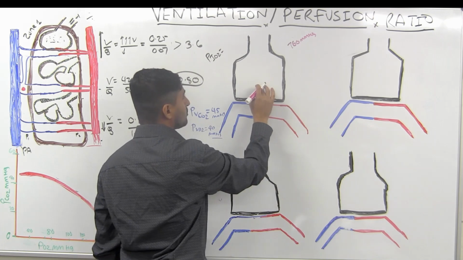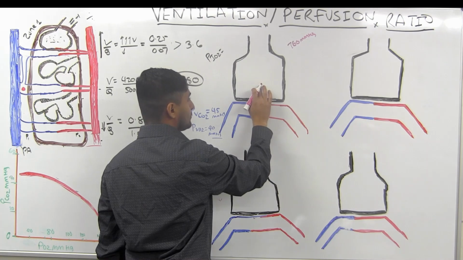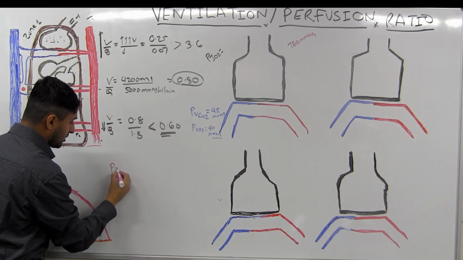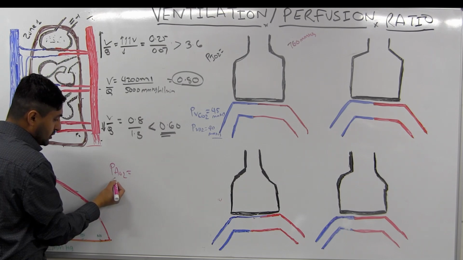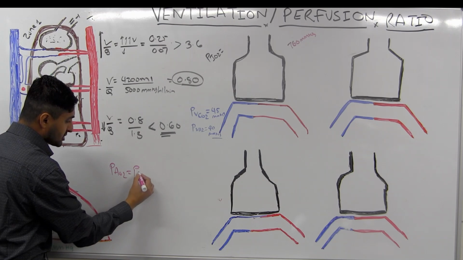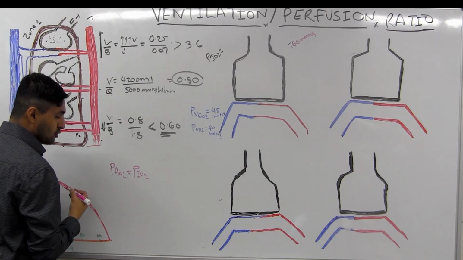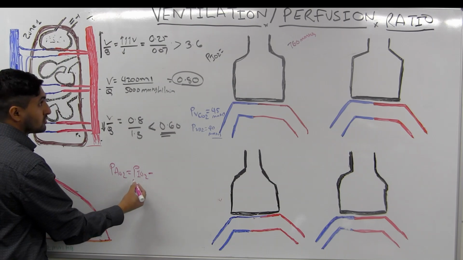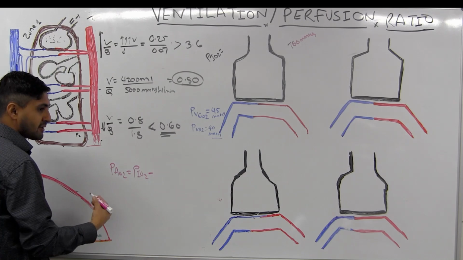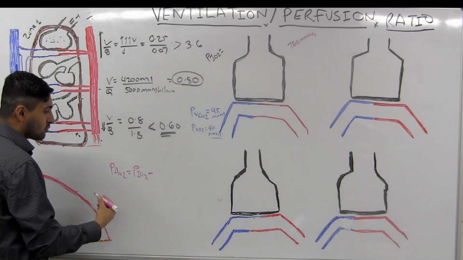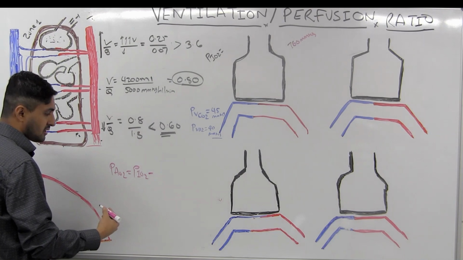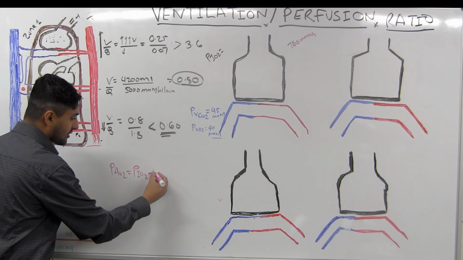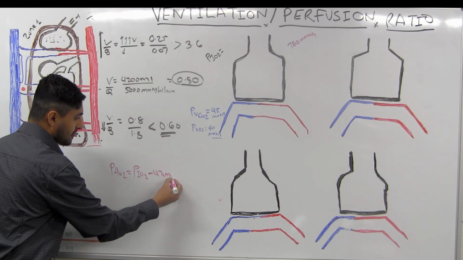Now, if you want to find the alveolar oxygen content, you need to know the partial pressure of inspired O2. Then it goes to the conducting zones, and remember, whenever you go to the conducting zone, there's already air. There are water vapors and other molecules, and they exert about 47 millimeters of mercury.